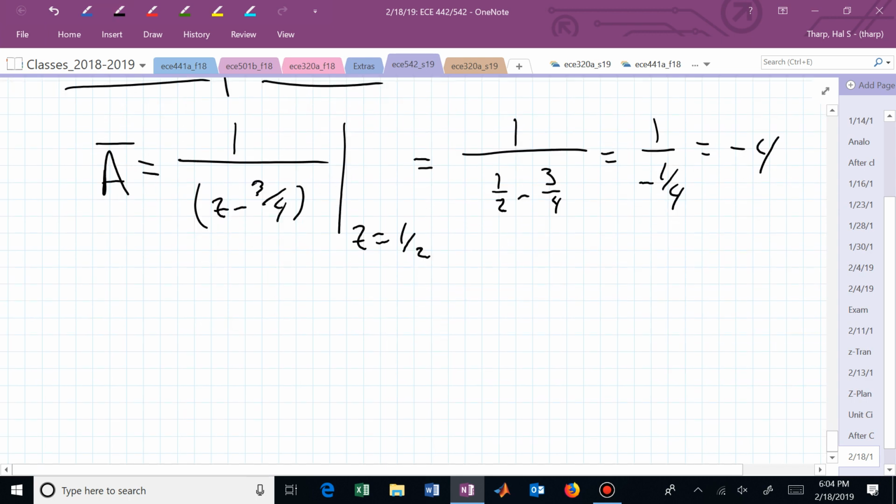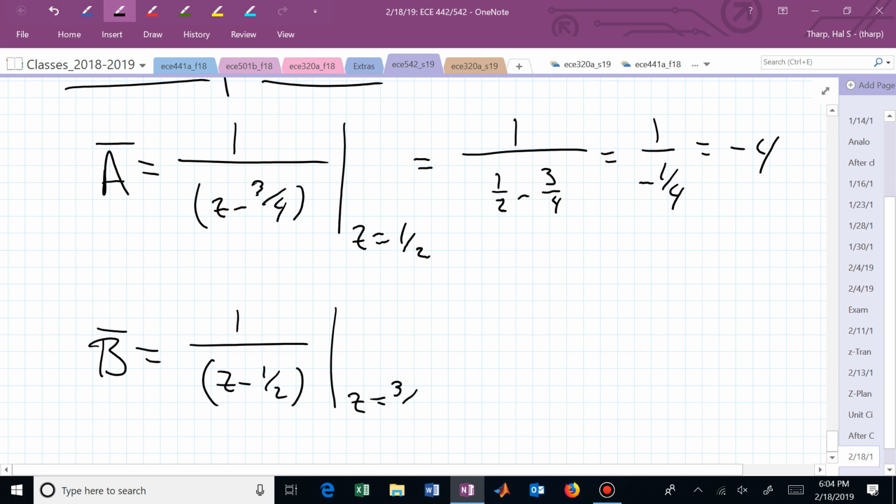B bar: the left-hand side just ends up, when we cover up the z minus 3/4 factor, we're left with z minus 1/2. We evaluate that where that factor z minus 3/4 vanished, which is when z is equal to 3/4.